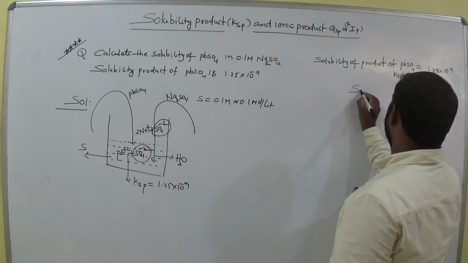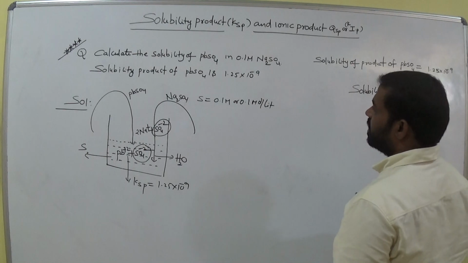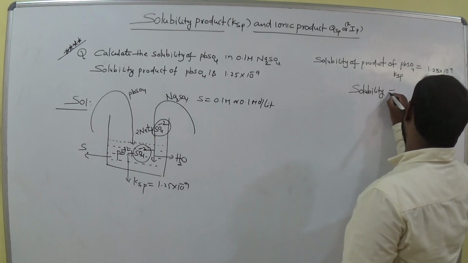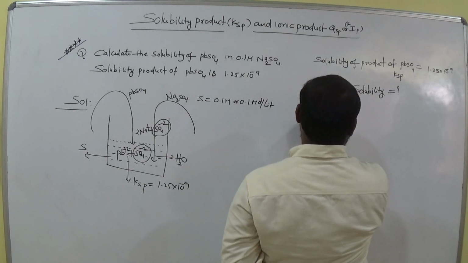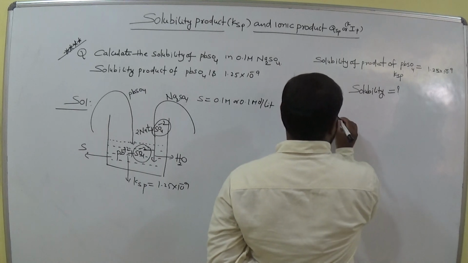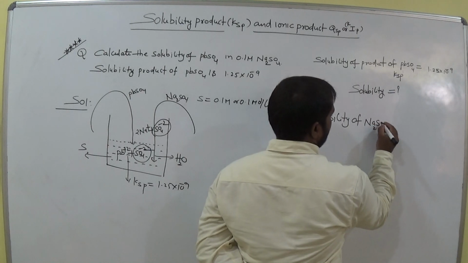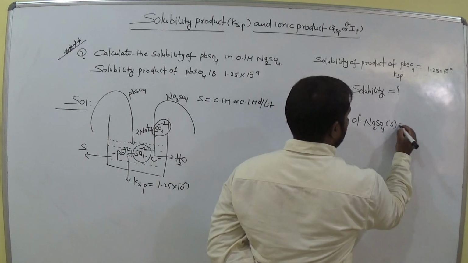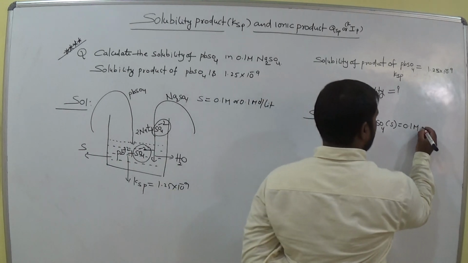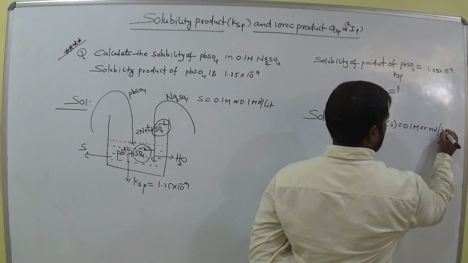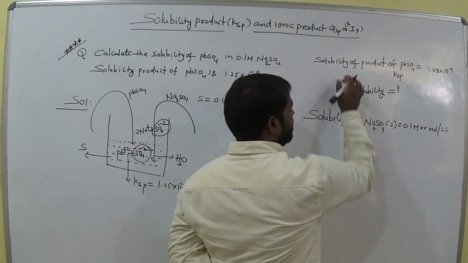Now its solubility, how to calculate, am I right? Regarding sodium sulfate, solubility of sodium sulfate S is given as 0.1 mole, or mole per liter. Mole per liter. Okay. Now what is the solubility of this compound?